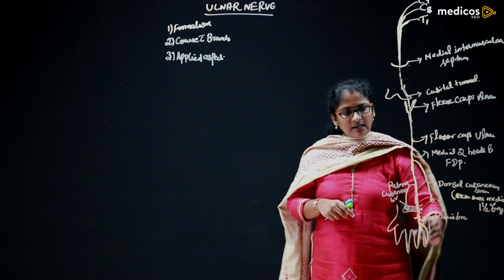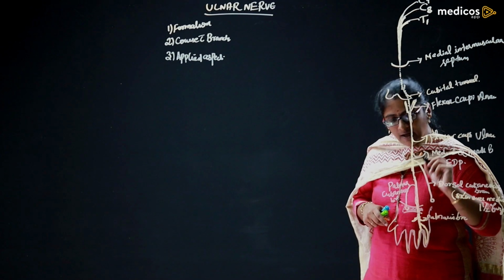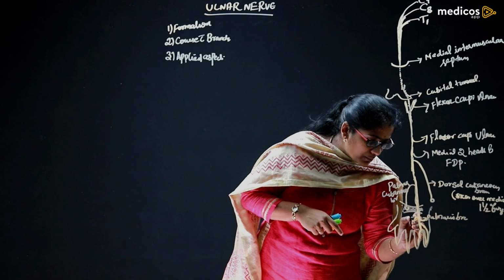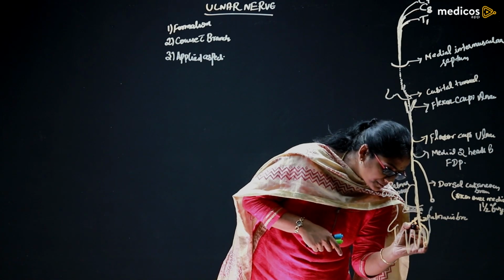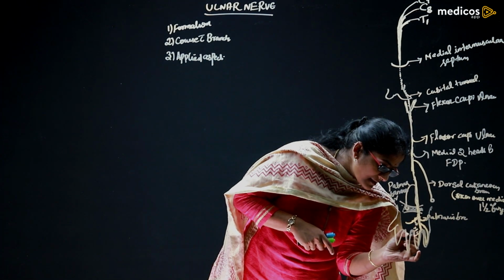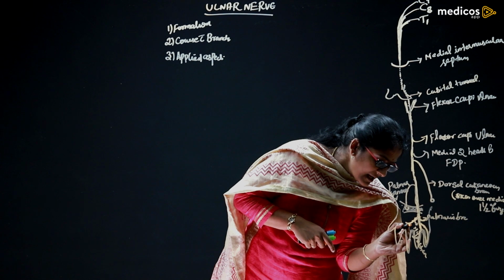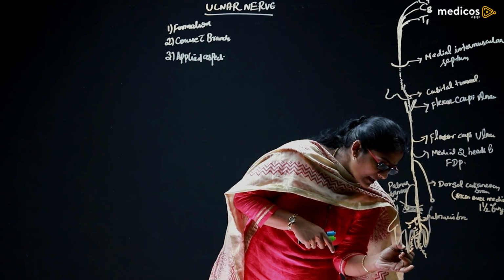Now the deep branch supplies the hypothenar muscles, all three hypothenar muscles, and the third and fourth lumbricals.